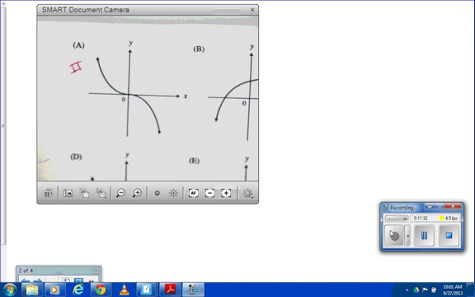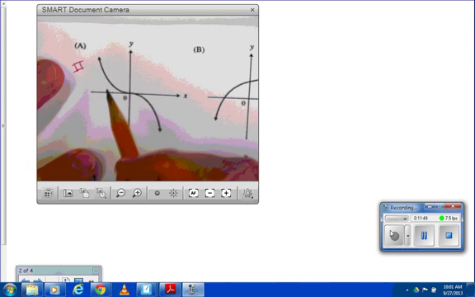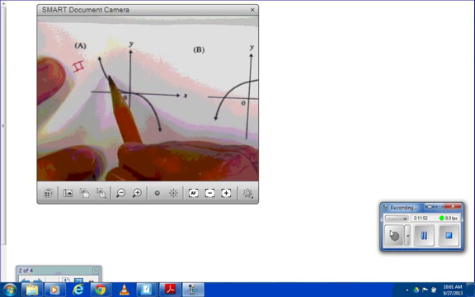Okay? So what I want you to think about with symmetry with the origin is this. Remember, symmetry with the origin is the combination of symmetry with the y-axis and the x-axis. Now, imagine what it would look like here if we did reflect this across the y and the x.